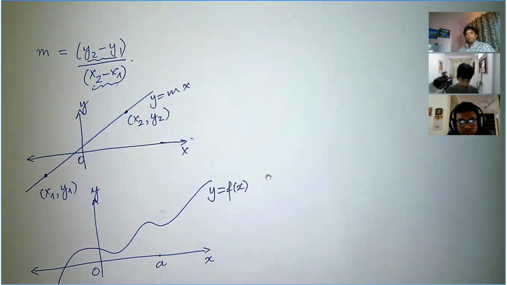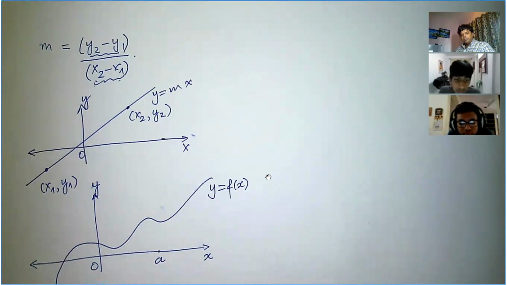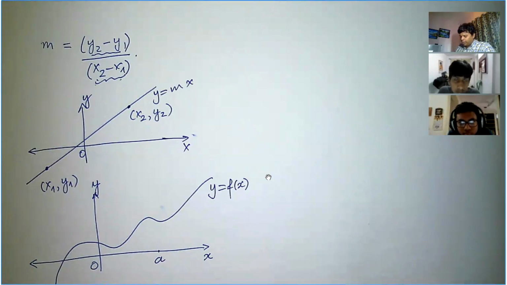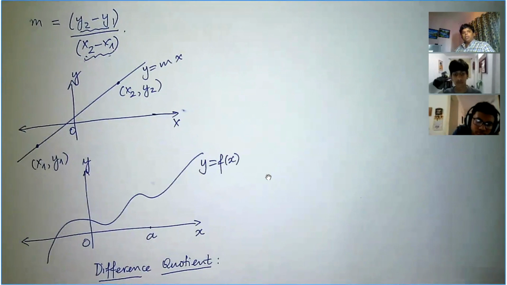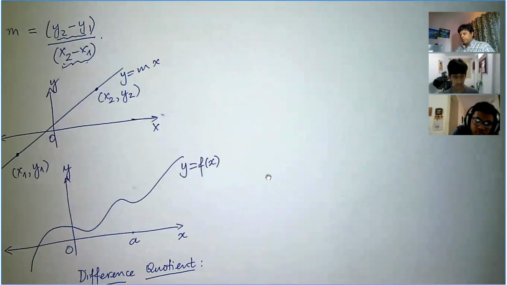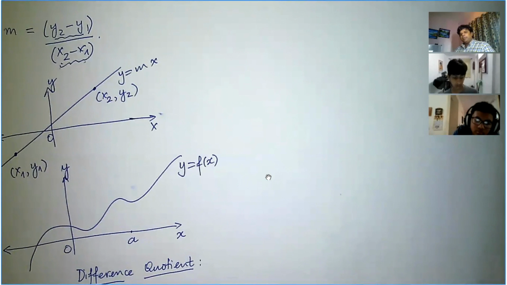So now I have this point A and I define the so-called difference quotient. I generalize the same idea of slope to the notion of a difference quotient.